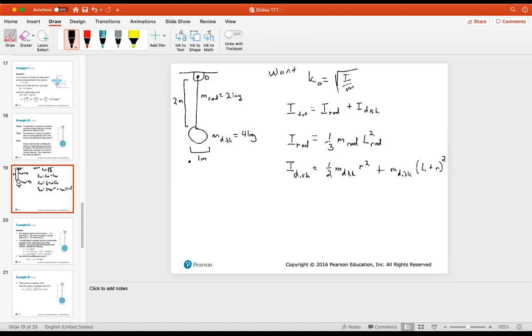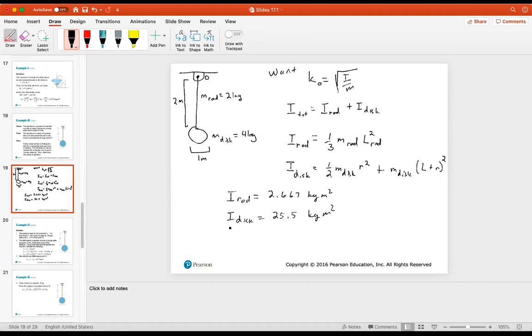Okay, if you type in numbers, you get the following. You get that I for the rod is 2.667 kilogram meters squared. I for the disc is 25.5 kilogram meters squared.